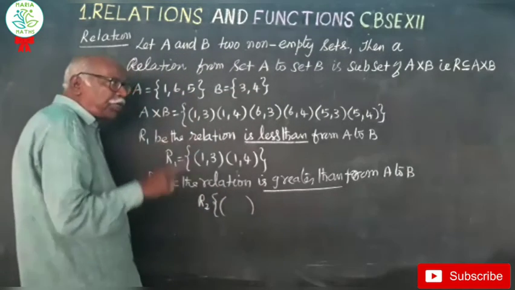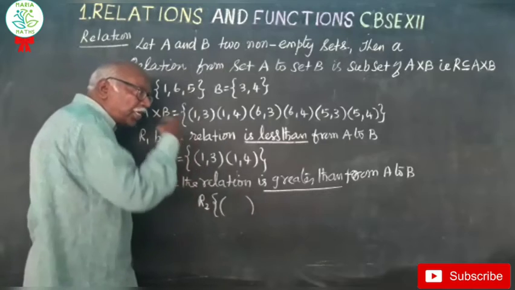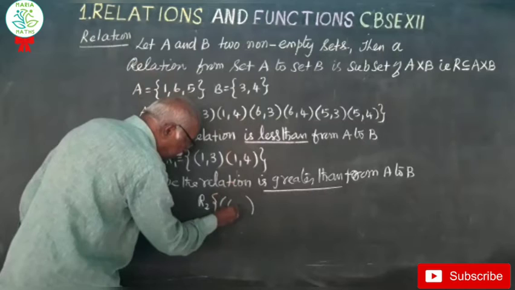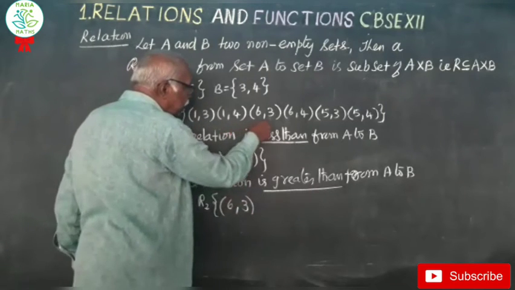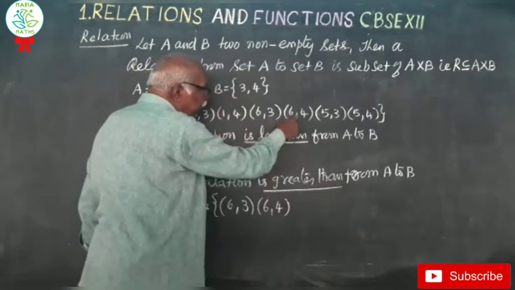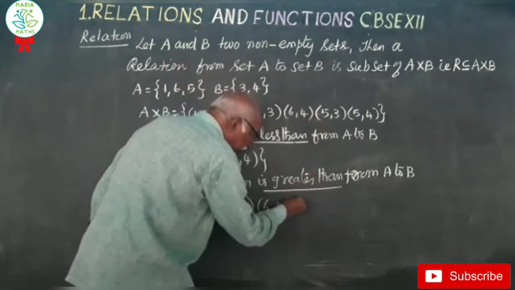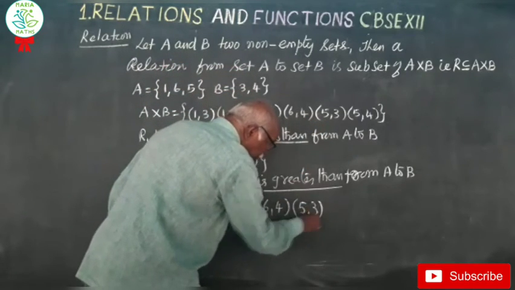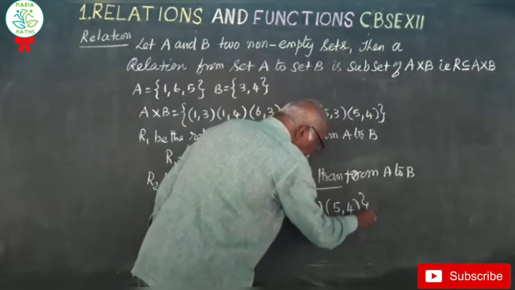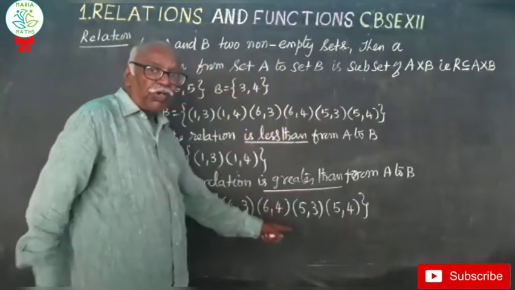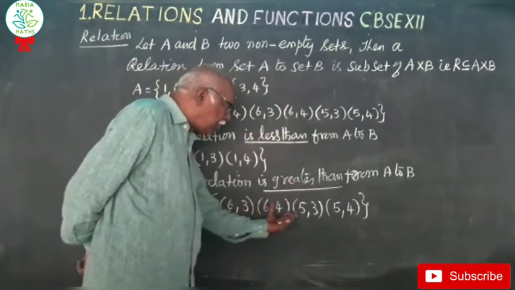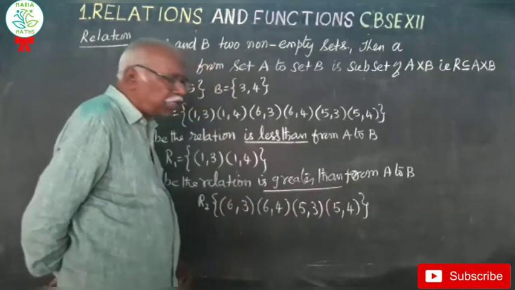We have to write the ordered pairs where the first element is greater than the second element. Here (6, 3) comes because 6 is greater than 3. (6, 4), because 6 is greater than 4. And (5, 3), 5 is greater than 3. And (5, 4), 5 is greater than 4. These are all the four ordered pairs which belong to this relation: (6, 3), (6, 4), (5, 3) and (5, 4).